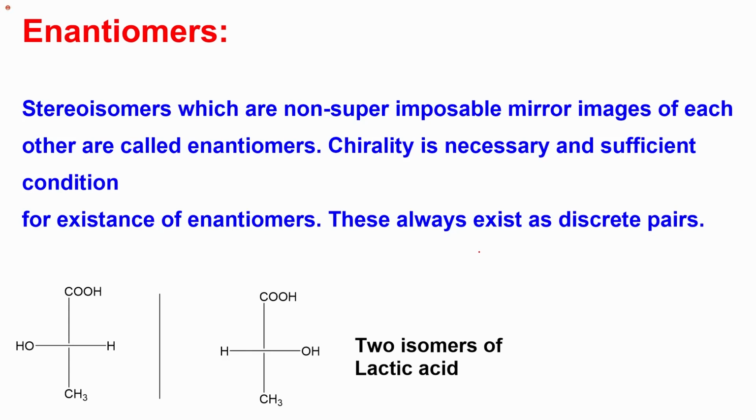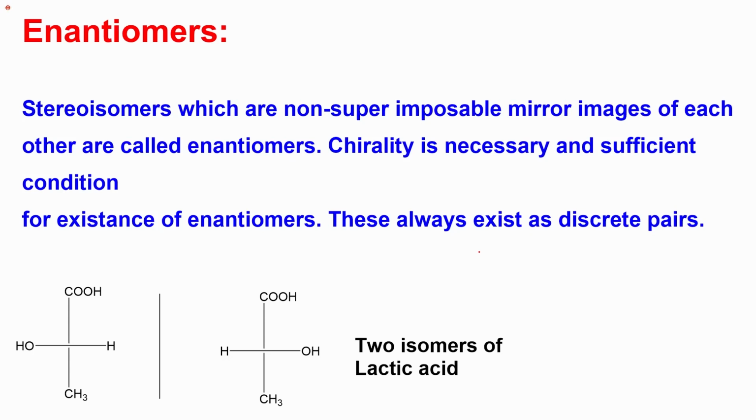If you take any molecule and put a mirror to it, and it shows the exactly same molecule, then it is not an enantiomer. Non-superimposable mirror images of each other are called enantiomers, and chirality is the necessary and sufficient condition for the existence of enantiomers.